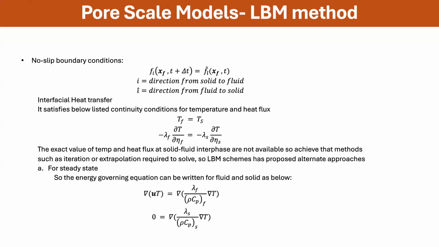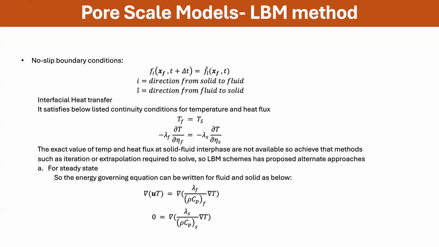To solve this equation, we are going to use the energy conservation equation, and we are going to apply it on the fluid side and the solid side. While applying to the fluid side, we limit ourselves to only the steady state part.